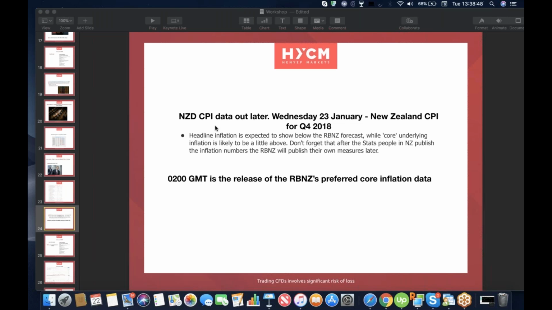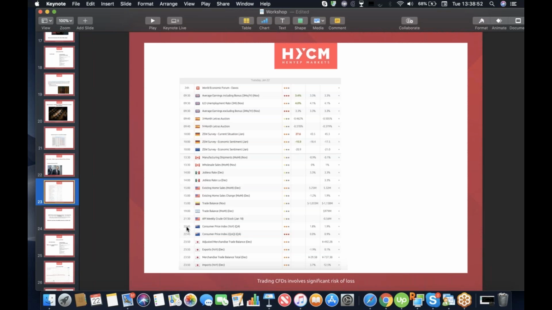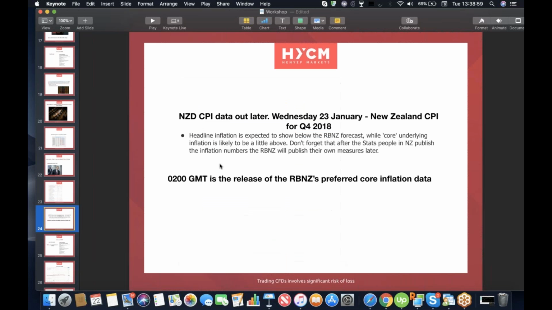The first CPI data out is the one that's scheduled here at 10:45 GMT. That data is expected to be a soft reading, but there's another reading that the Reserve Bank of New Zealand prefers for inflation, and that's called the core inflation level. According to the sources I've been reading, some analysts think that is expected to be a bit higher.